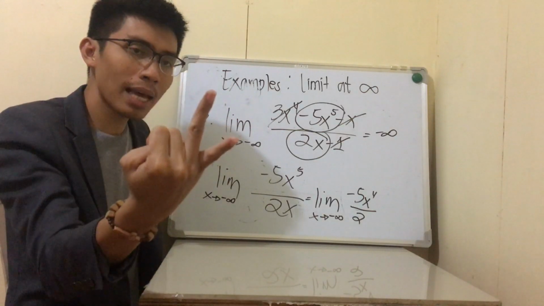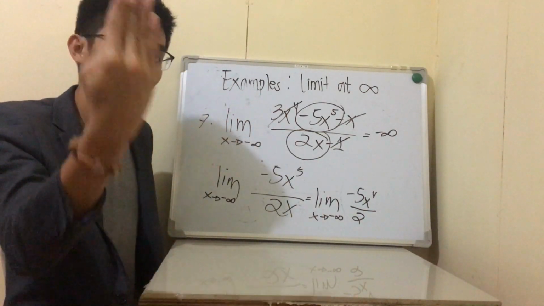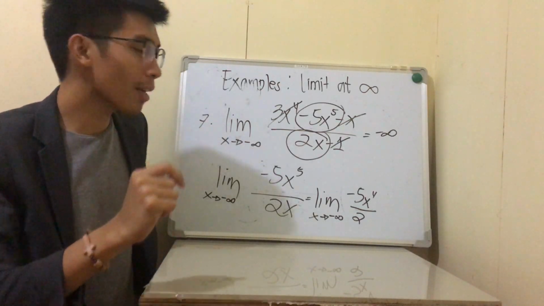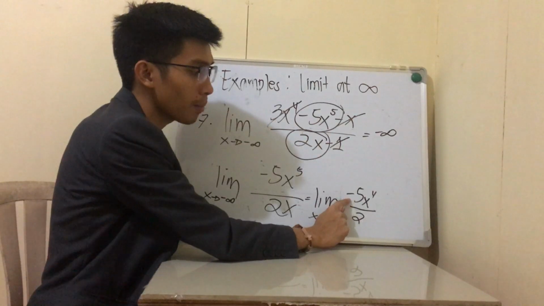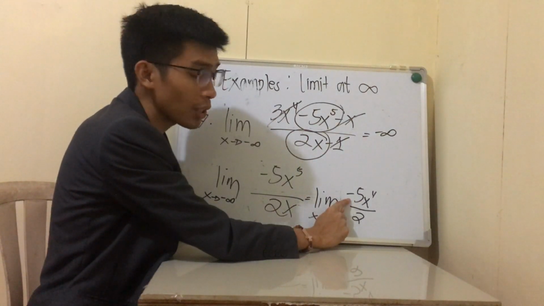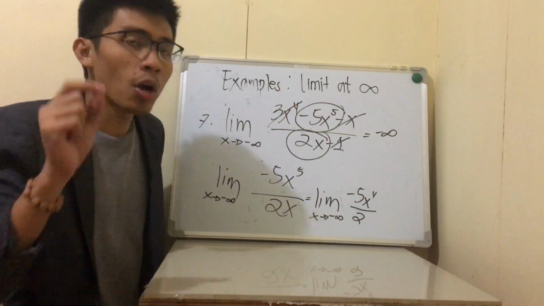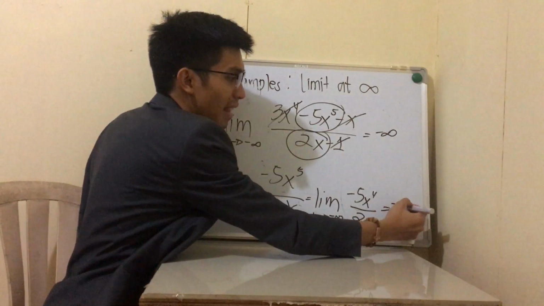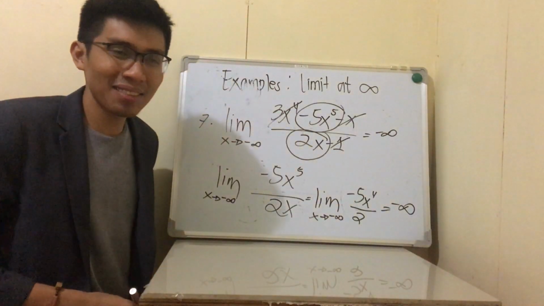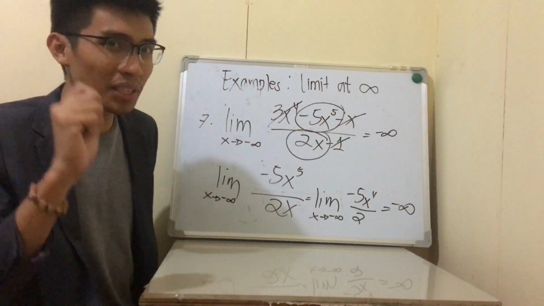Negative times negative is positive. Positive multiplied by negative is negative. Negative multiplied by positive is negative. Your variable here is beside a constant which is negative 5 over 2, so positive infinity multiplied by a negative number is negative infinity. So that's how fast you are able to answer that one by mere inspection.